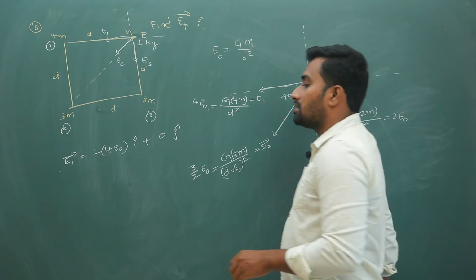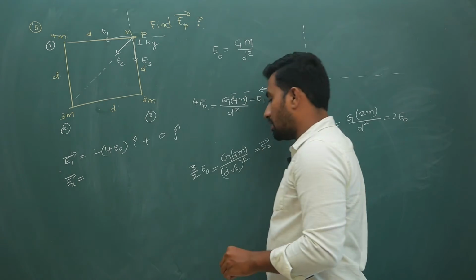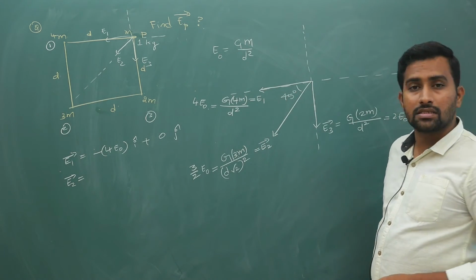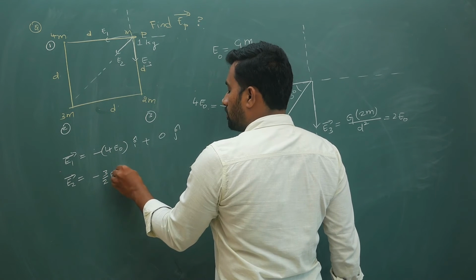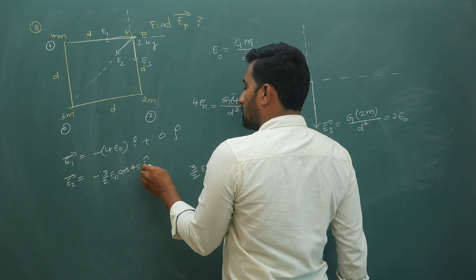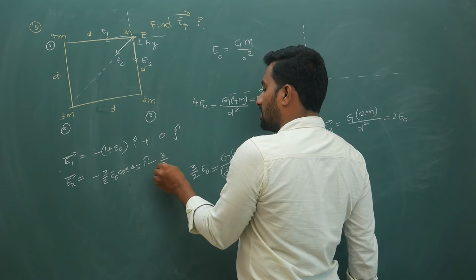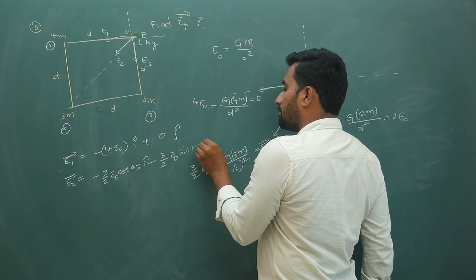Next, second vector, your E2 bar, is minus 3 by 2 E naught cos 45 i cap plus minus, because it is in third quadrant, 3 by 2 E naught sin 45 j cap.